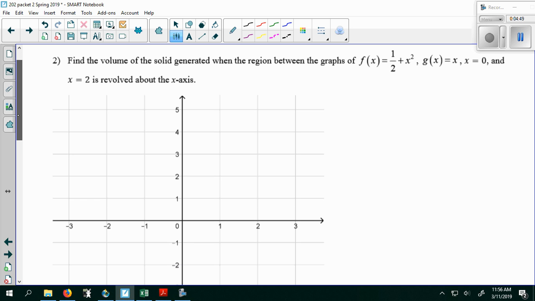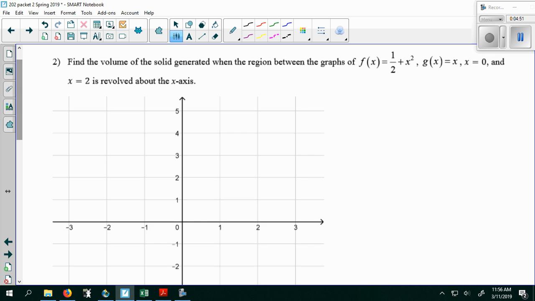Okay, find the volume of the solid generated when the region between the graphs of 1/2 plus x squared and x, with x equals 0 and x equals 2, is revolved about the x-axis. So f of x equals 1/2 plus x squared. That gives the points (0, 1/2), (1, 1.5), and (2, 4.5).